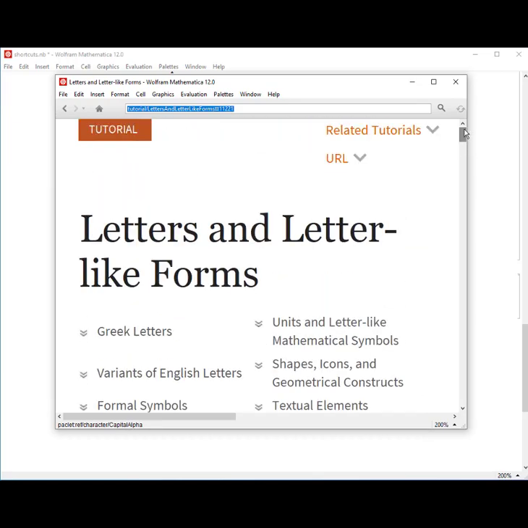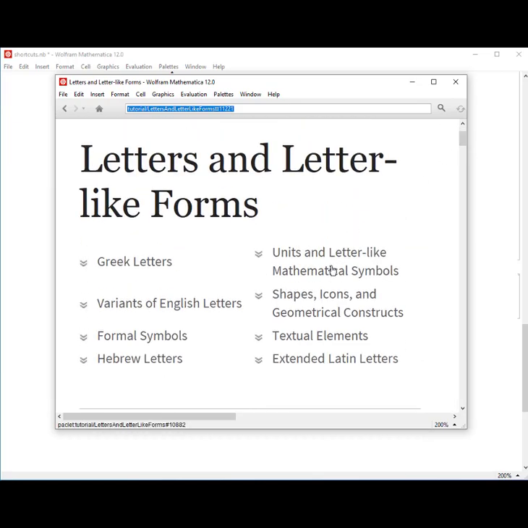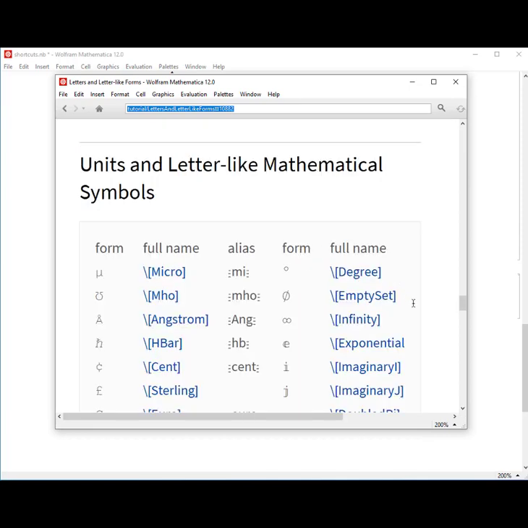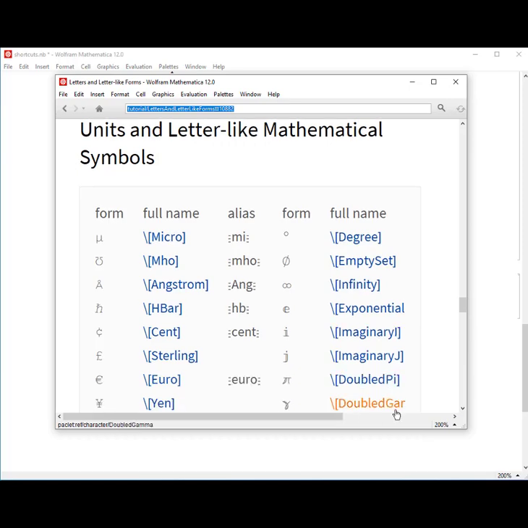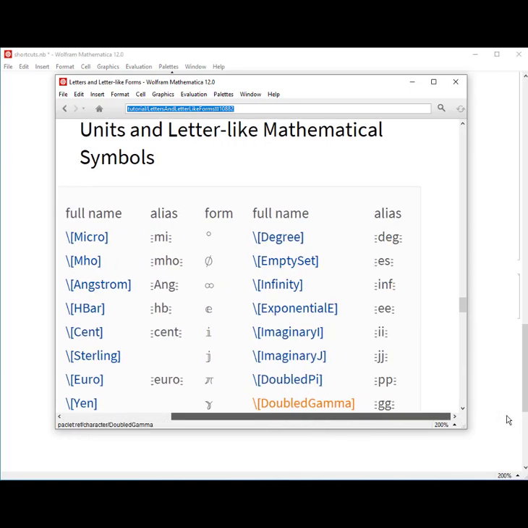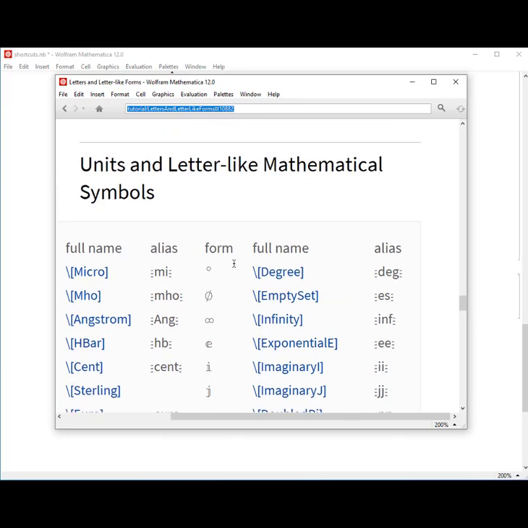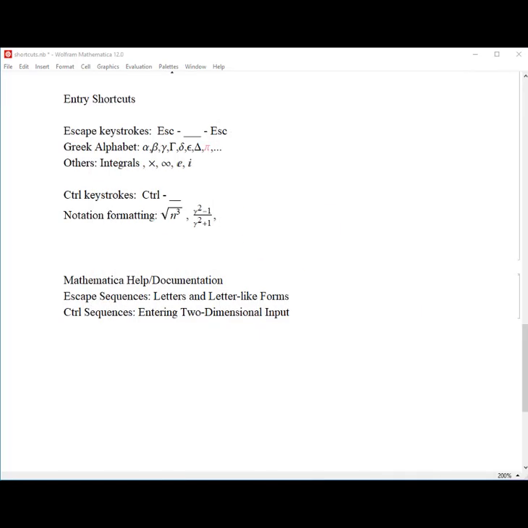I can also find those special quantities that I've used, the units and letter-like mathematical symbols. For instance, it shows me that for Euler's number, escape EE escape. For the imaginary number, escape II escape. That's a way to find some of these escape sequences that I've showed you.